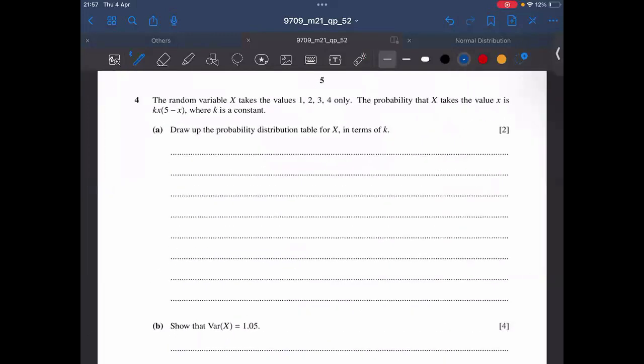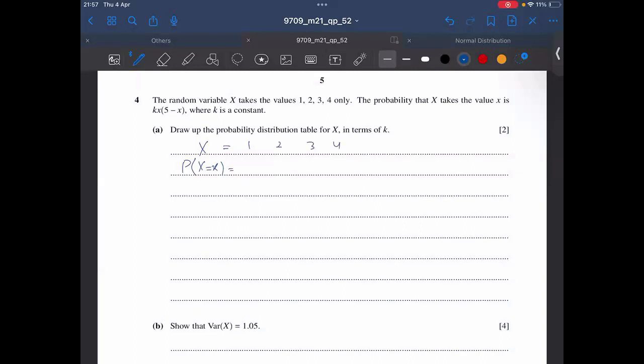Iman, what we are going to do in this question: the random variable x takes values 1, 2, 3, 4 only. The probability that x takes the value x is this. We will make a probability distribution table. 1, 2, 3, 4.